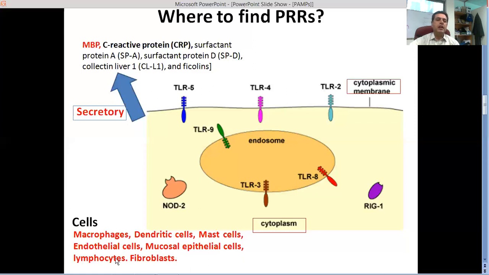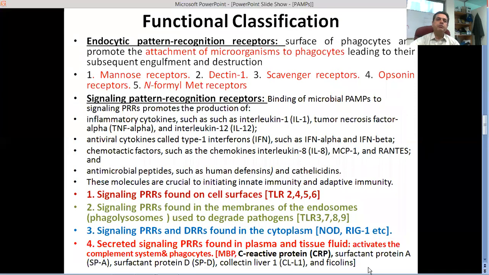So all these cells have these different types of pathogen recognition receptors, either on their membranes or as part of the endosome, are free in the cytoplasm, or are secreted into tissues just like the blood and other body fluids.